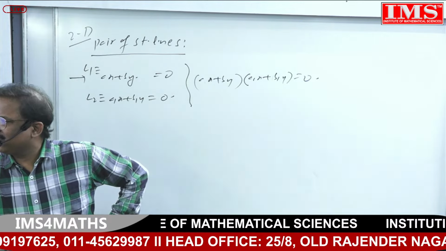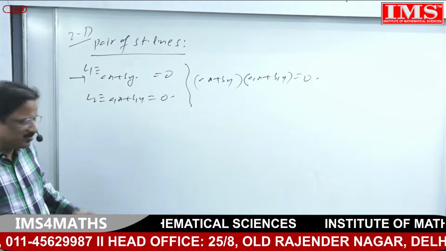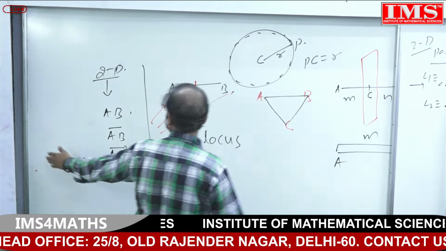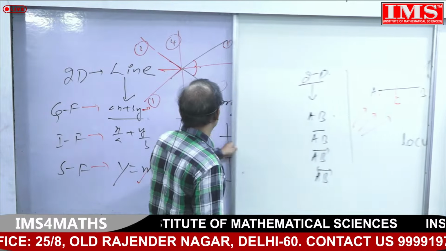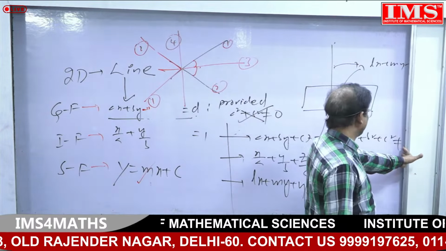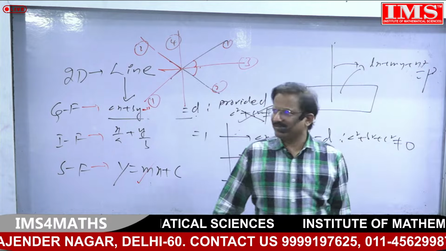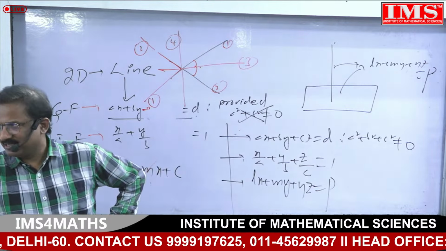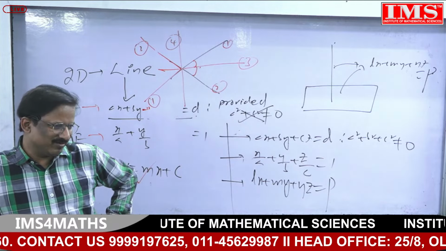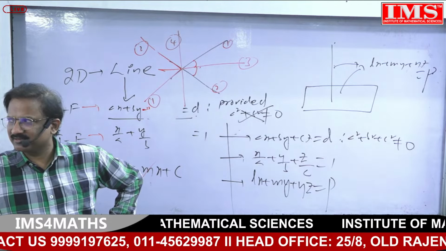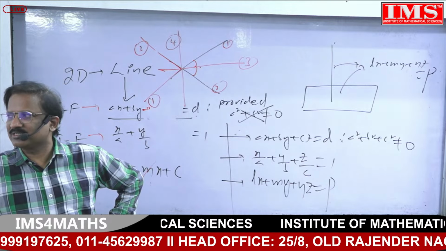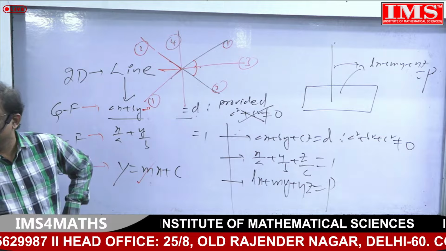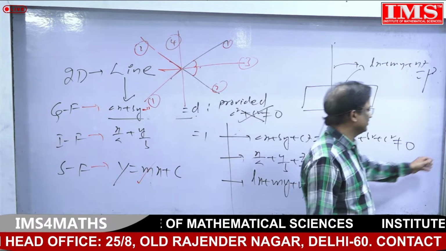x/a + y/b + z/c = 1. If you write x/a + y/b + z/c = 0, that is passing through the origin. That's what I'm saying. Yes, that form is known as the intercept form.